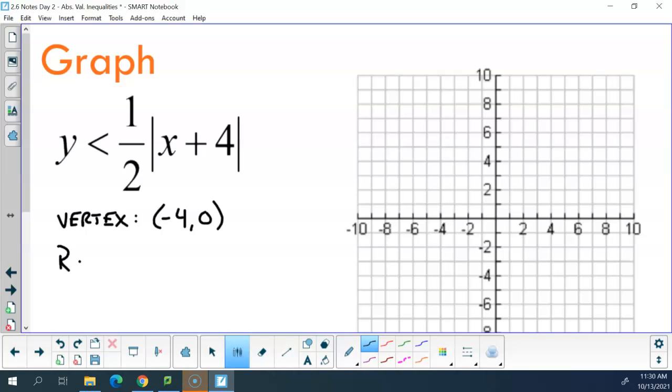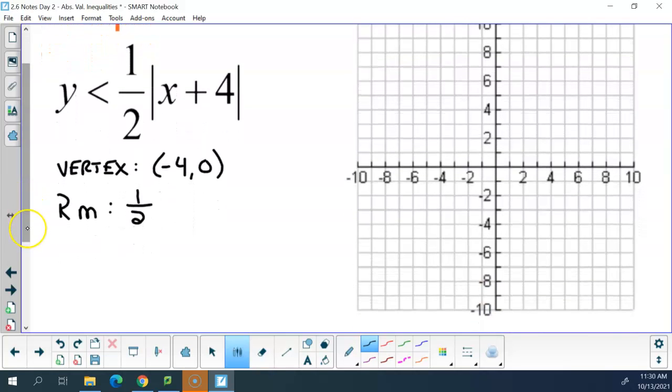Right side slope. Left side slope. Solid or dashed?